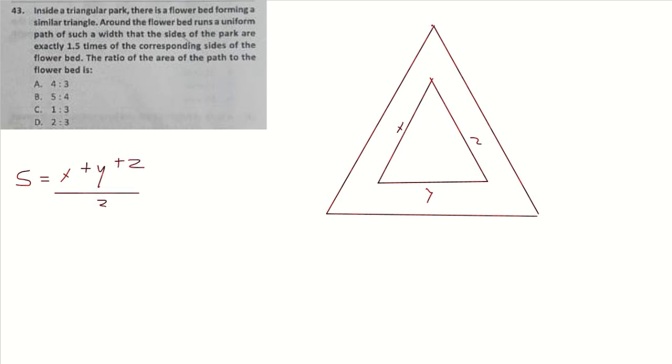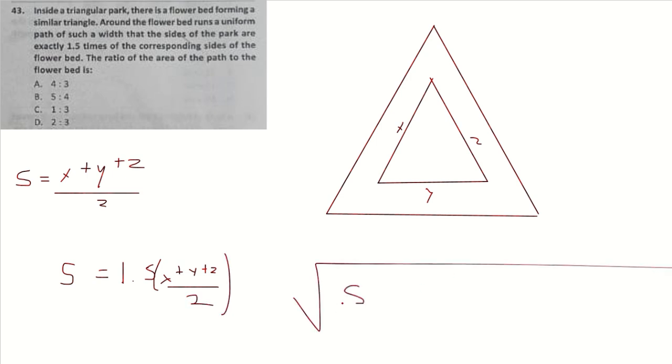Now s, the semi-perimeter of the whole triangular park, will be 1.5x plus 1.5y plus 1.5z upon 2. We can take 1.5 common, x plus y plus z upon 2. So in the formula, root of s minus a, s minus b, s minus c.